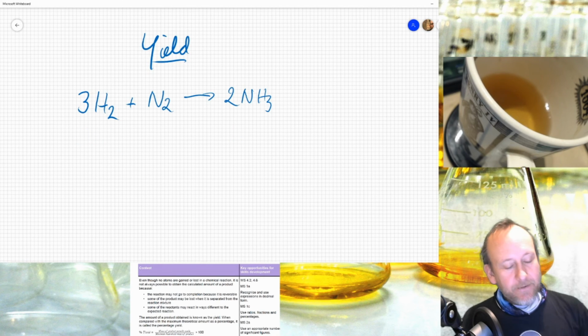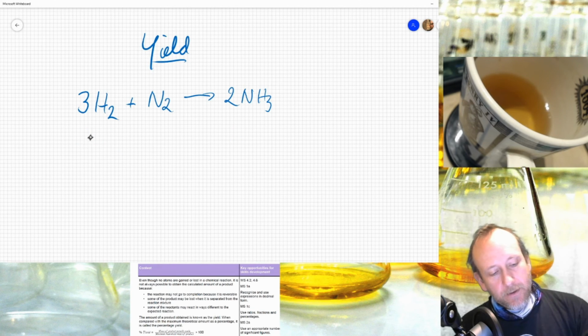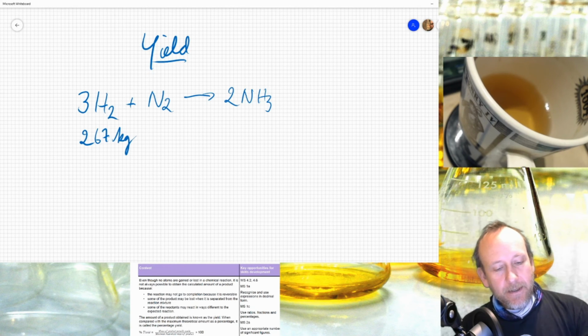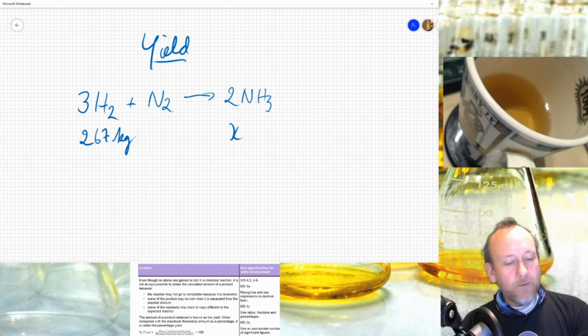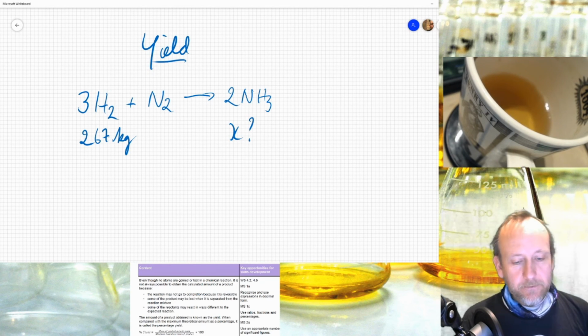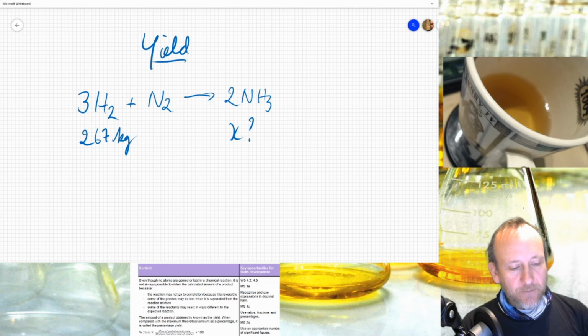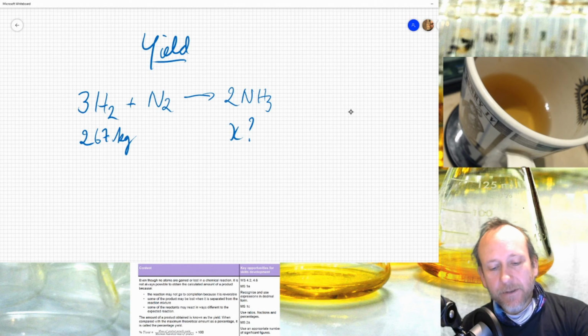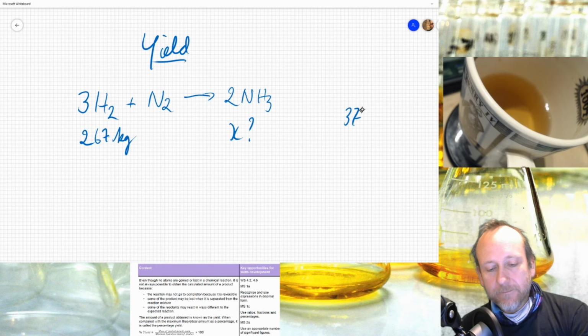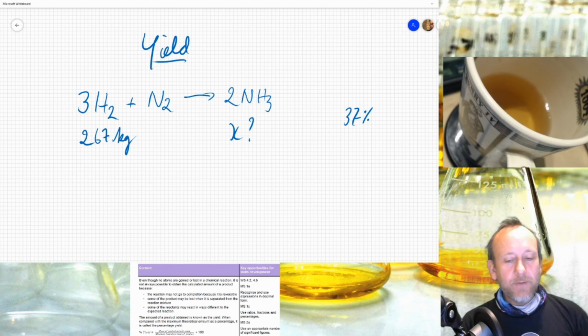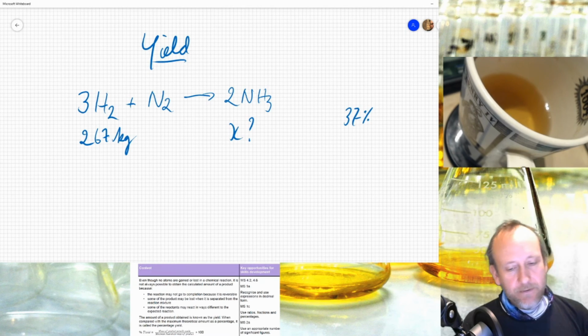Okay, let's say we've got some awful number, 267 kilograms of hydrogen, and we want to know essentially how much ammonia we get out of that. And our yield is going to be 37% this time. I'm just plucking numbers out of the ether here.